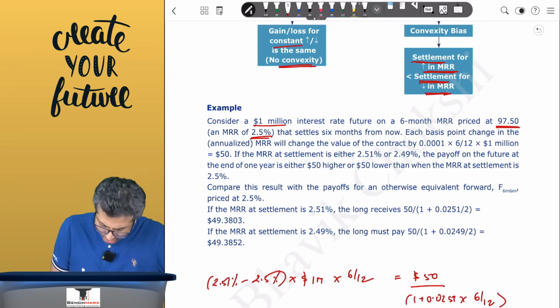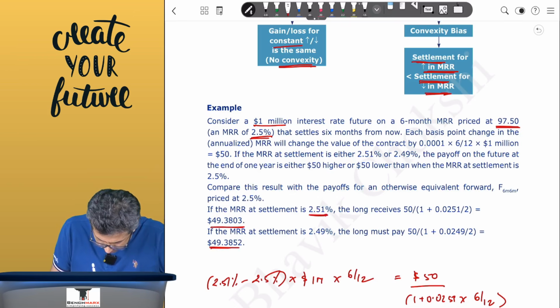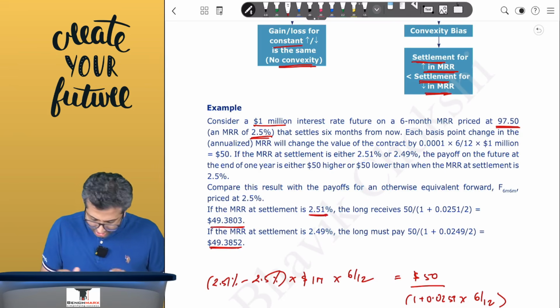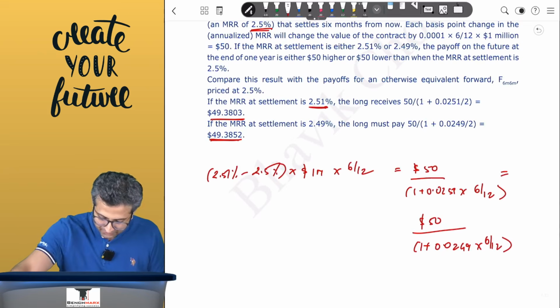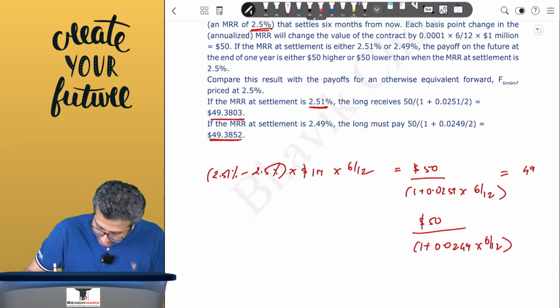As you can see over here, if it is 2.51%, your settlement value is 49.38. I think I said it the other way around. Over here, if I go to see, this comes to, let's say, 49.3803, and this is 49.3852.